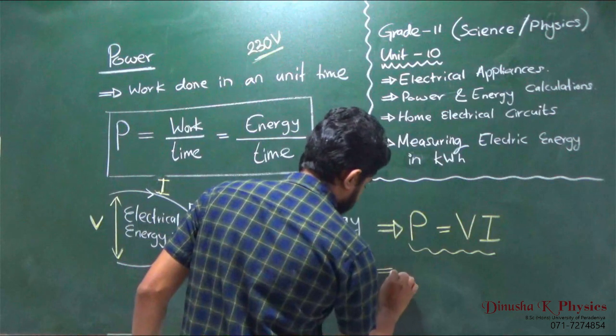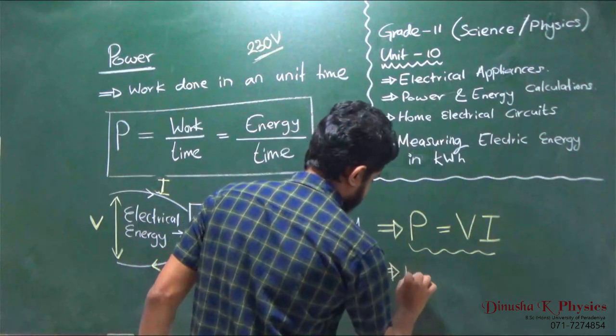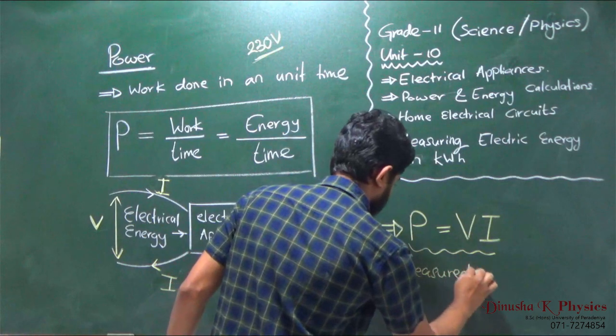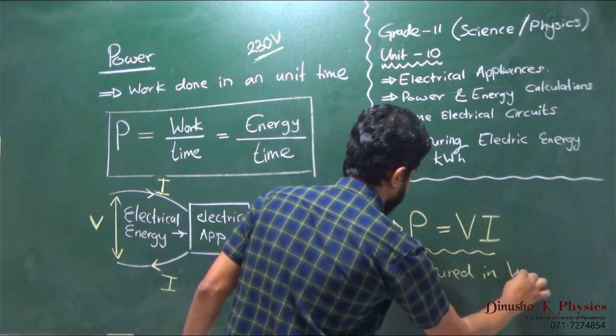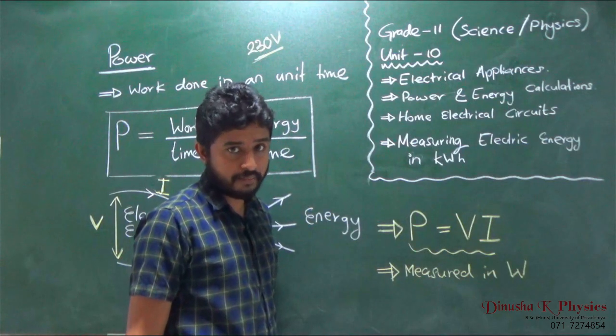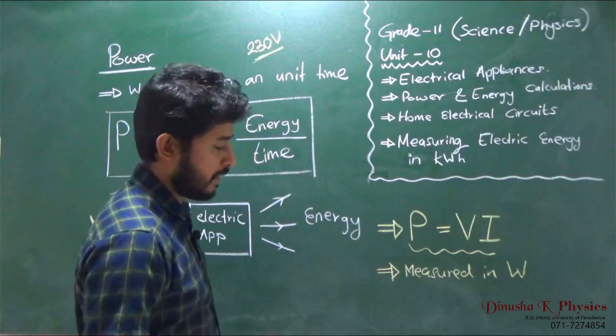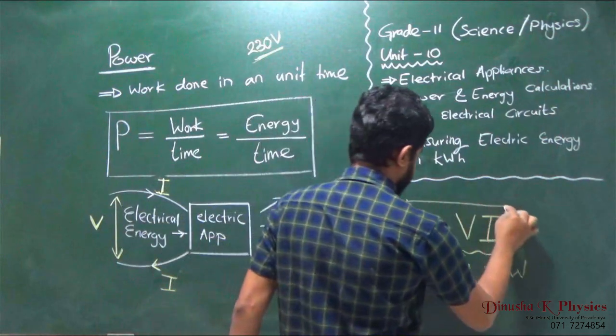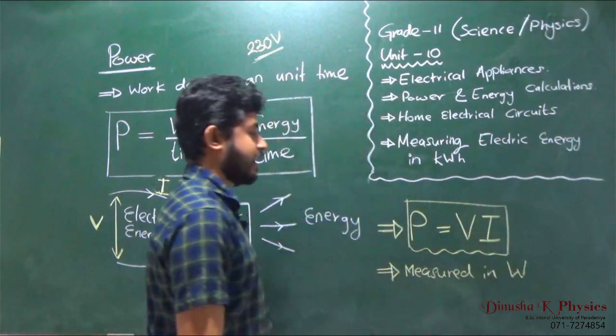Power is measured in watts. Unit එක watts. Capital W ලියන්න ඕන. ඒකට simple w ලියන්න බෑ. Capital W ලියන්න. හරි. මේ තියෙන්නේ power එක calculate කරන විදිහ.